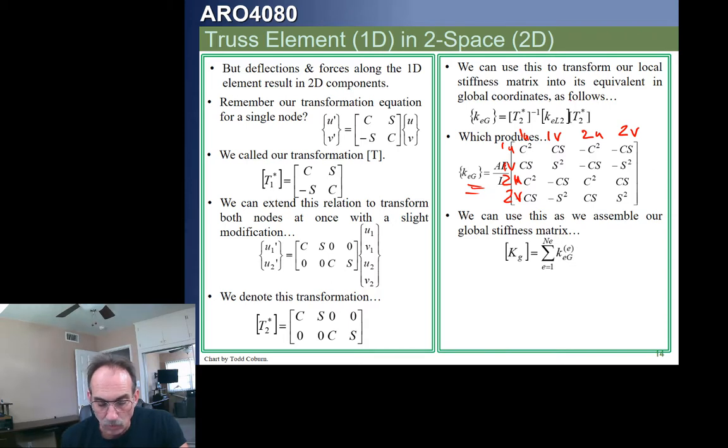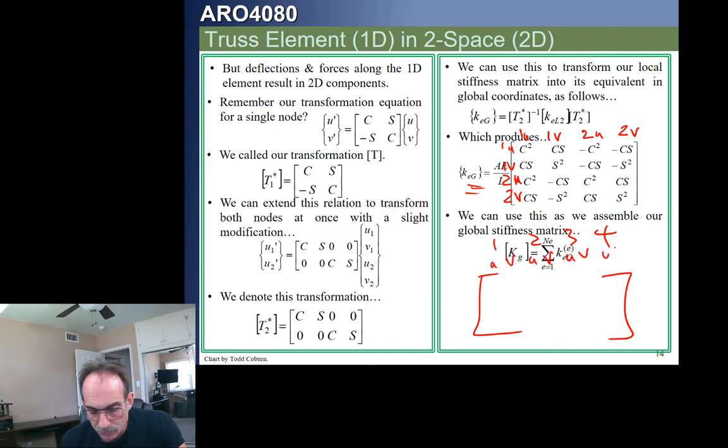Having done all that, we're going to construct our global in the same way. We'll make a large matrix with each node 1, 2, 3, 4, whatever they are, but each one is going to have U and V coordinates. And in the same way, this way also, and so on. You see how that works? Okay.